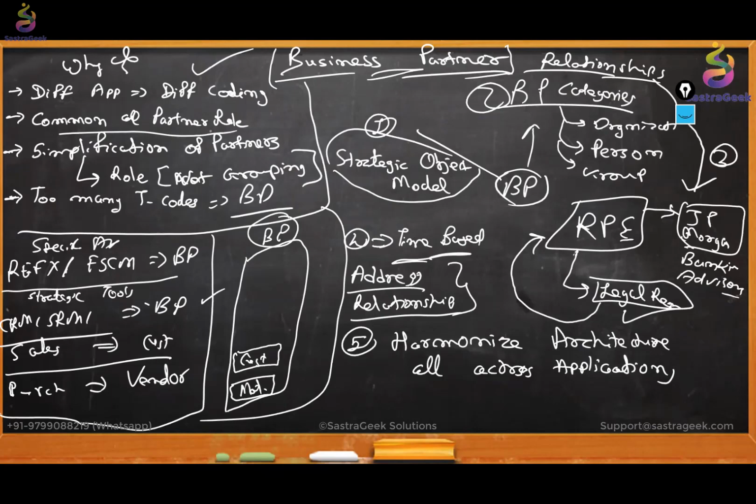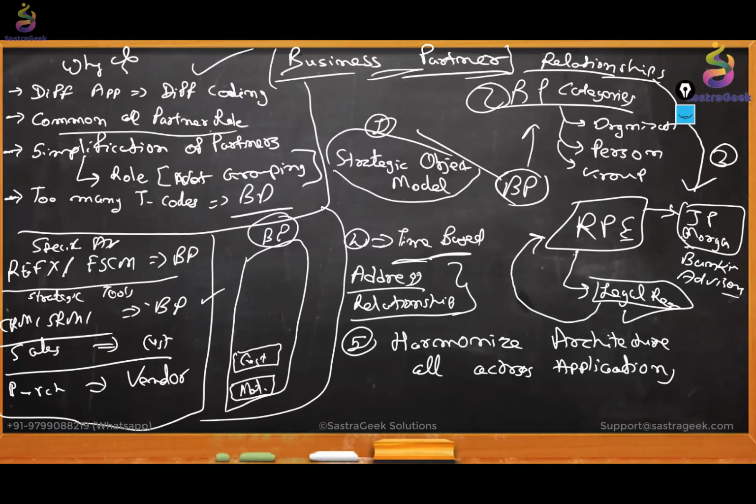Then we talked about how SAP segregated the details into various business partner categories like organization, person, group, but combined everything under the same umbrella of business partner. Also, we talked about the relationship concept.